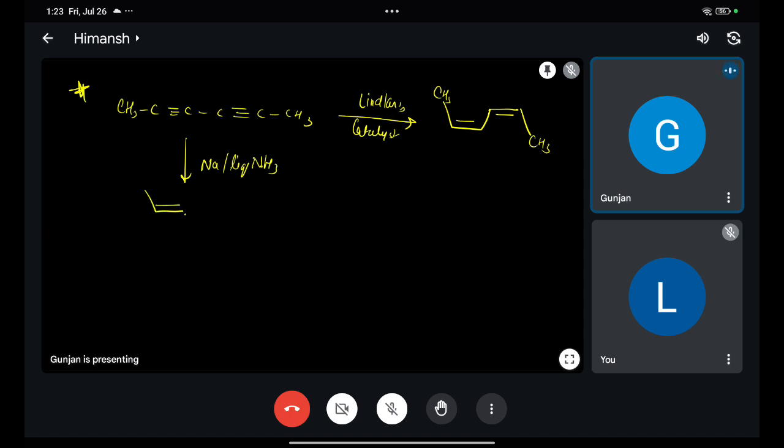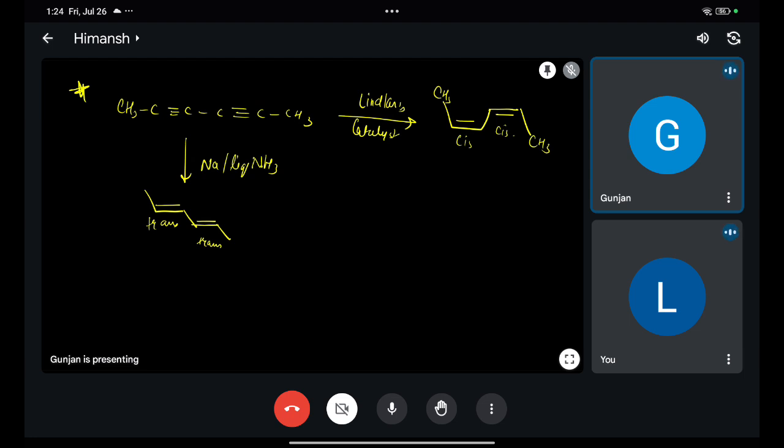So trans is like this. This is the trans alkene. This is also trans, and this is also trans. This is cis, and this is cis. Got it? Yes, ma'am. Got it.